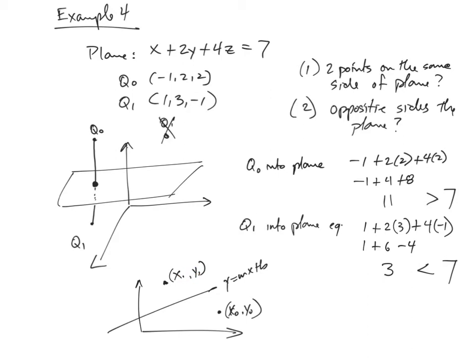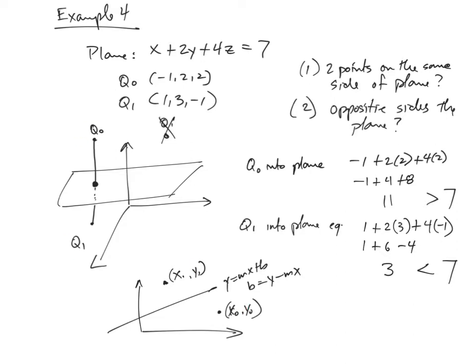You can plug this into here, and you'll find that it will not satisfy this. But if I rewrite this as b is equal to y minus mx, and put these coordinates in here for x and y, I'll get a value which is different from b, probably bigger than b. If I take these coordinates, put them in here, again, they'll not equal b, I'll get a value less than b, which tells me that these 2 points are on opposite sides of the line.